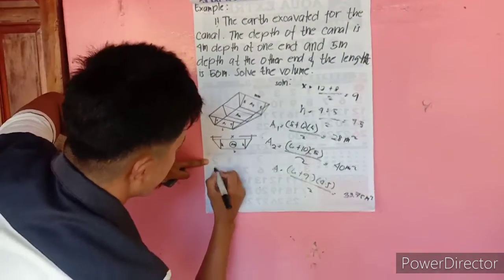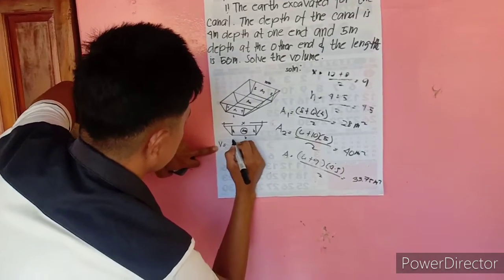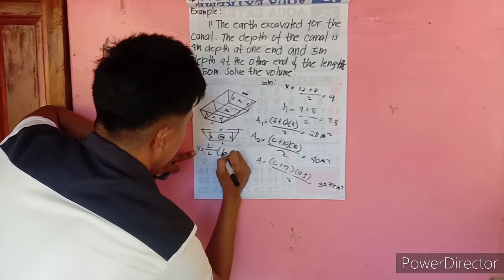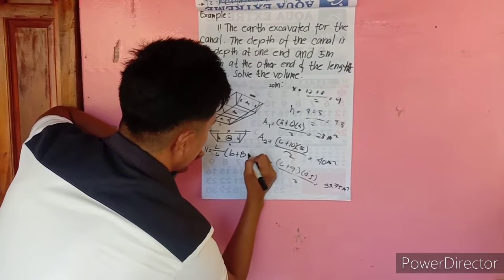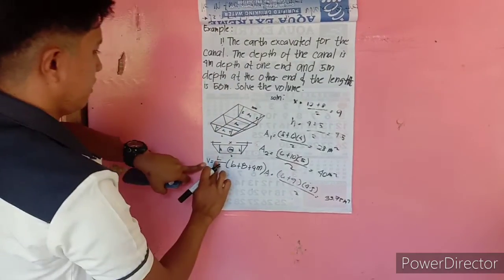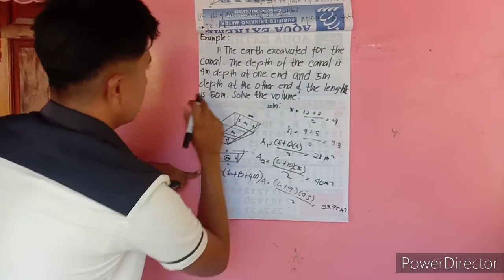Volume equals L over 6 times (B plus b plus 4M). The length is 50.